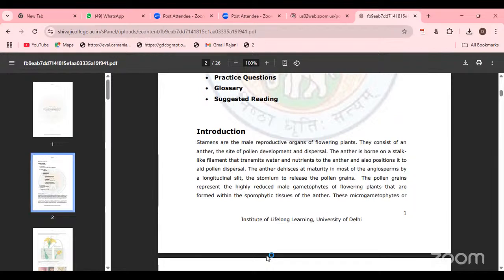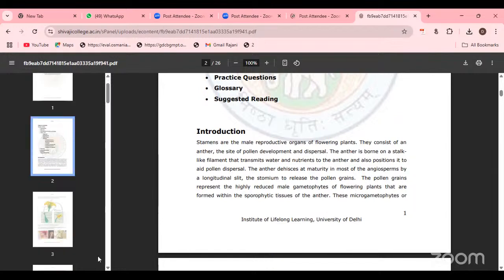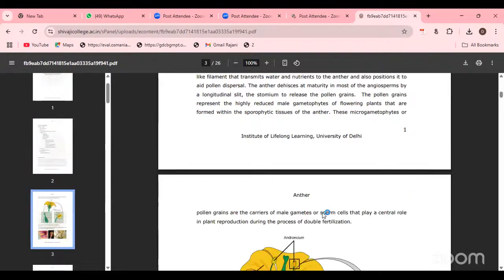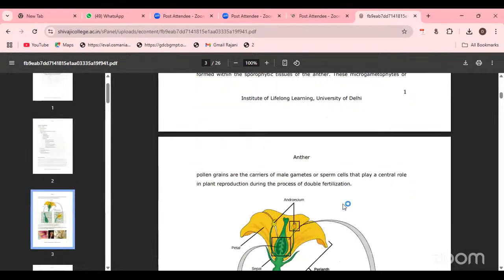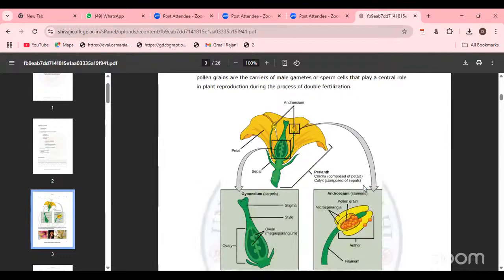The pollen grain represents the highly reduced male gametophyte of flowering plants, formed within the sporophytic tissue of the anther. Pollen grains, produced by microsporogenesis, are the carriers of male gametes or sperm cells that play a central role in plant reproduction during the process of double fertilization.